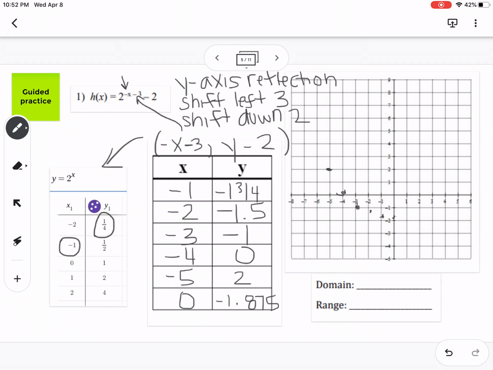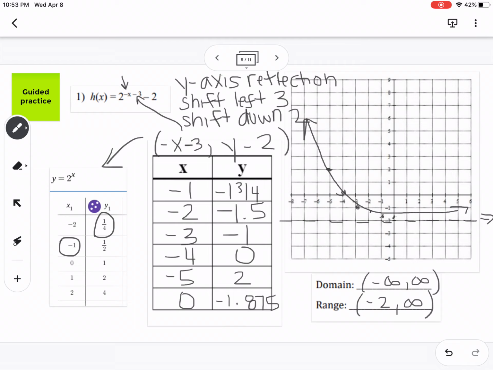Really, really close to -2 because our horizontal asymptote is at -2. Okay, so now we're going to connect and extend it. All right, and there's our graph. So the domain is -infinity to infinity, and our range is from -2 to infinity.